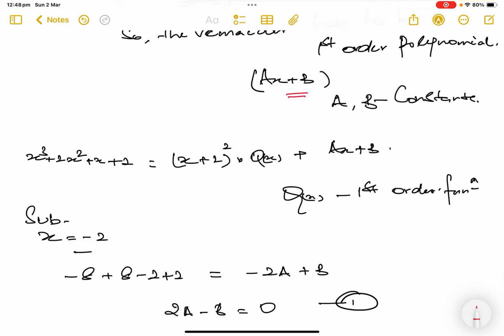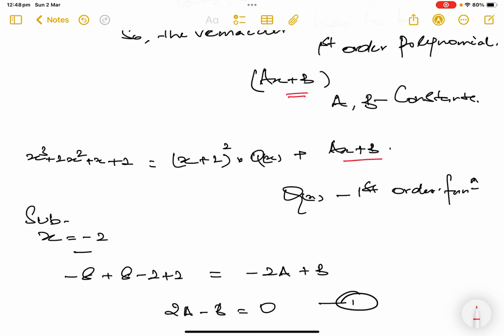So rewriting it: x cubed plus 2x squared plus x plus 2 equals x plus 2 squared times the quotient, plus the remainder. When you do a long division, a quotient q(x) comes up. We don't need to worry about it, or just go through it and then you'll understand. And the remainder, of course, is ax plus b.